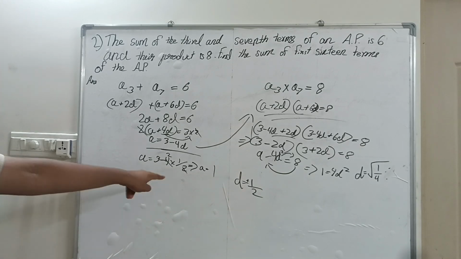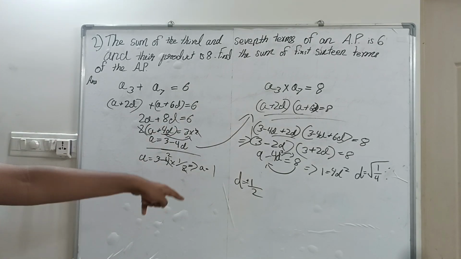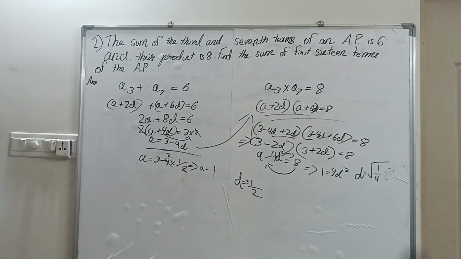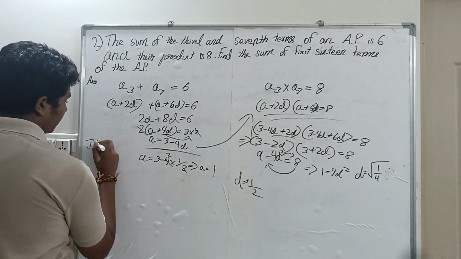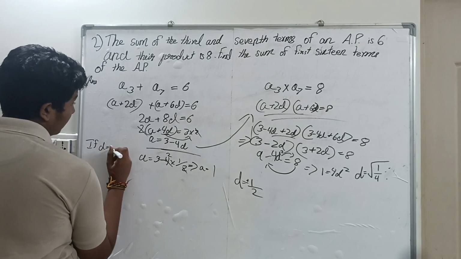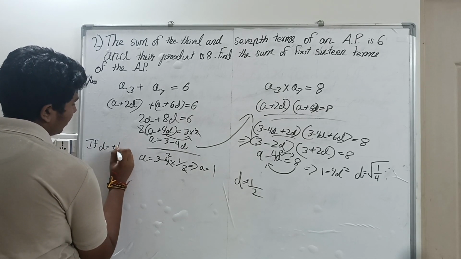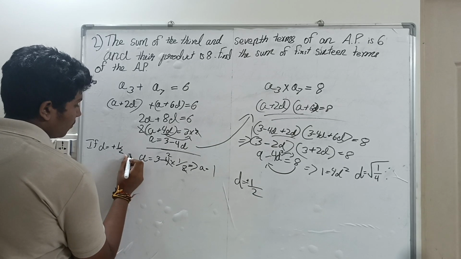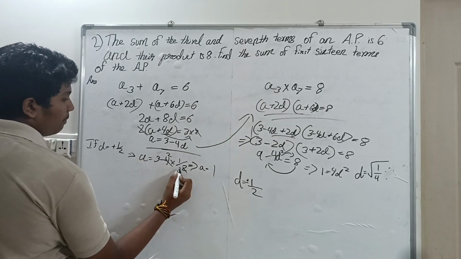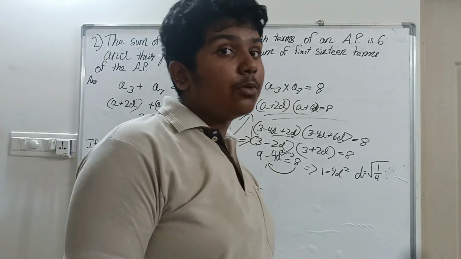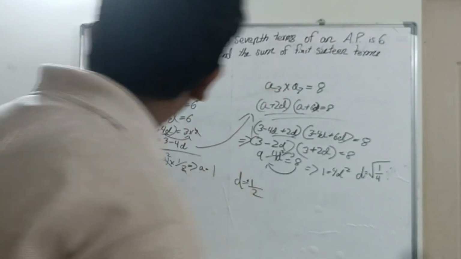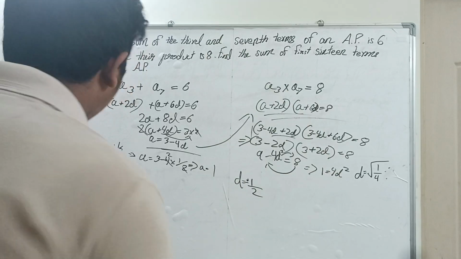So you already got A is equal to 1, D is equal to plus or minus 1 by 2. That is if D is equal to plus 1 by 2. So far we did with plus only, which is what we got, A is equal to 1. But if it was negative, that we will do after the sum in which D is positive.